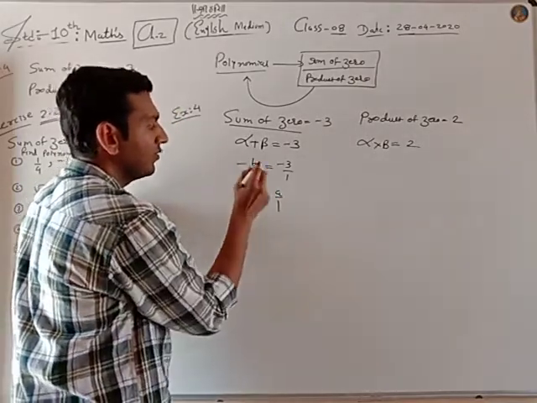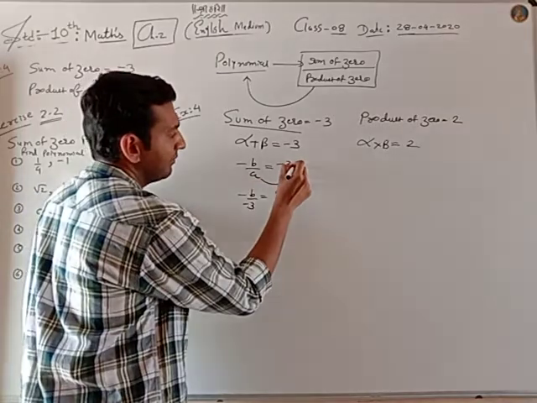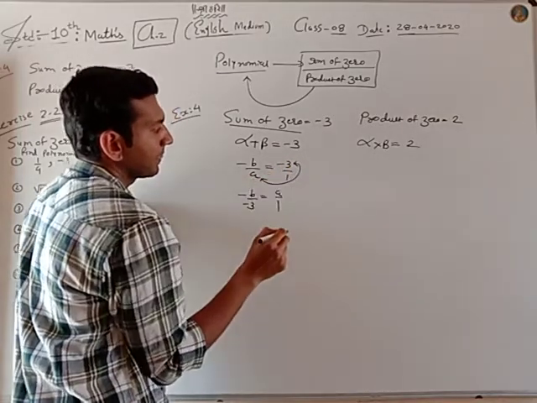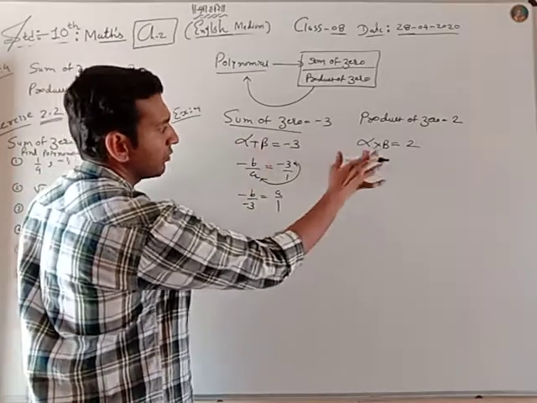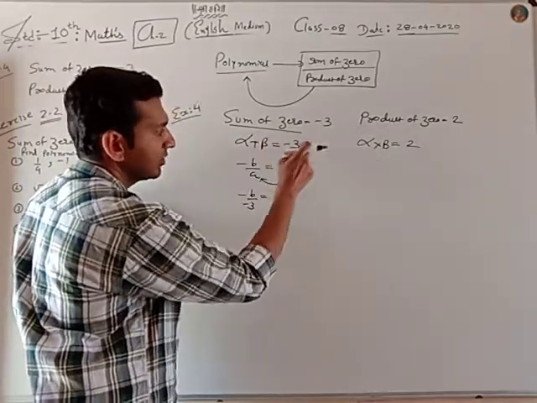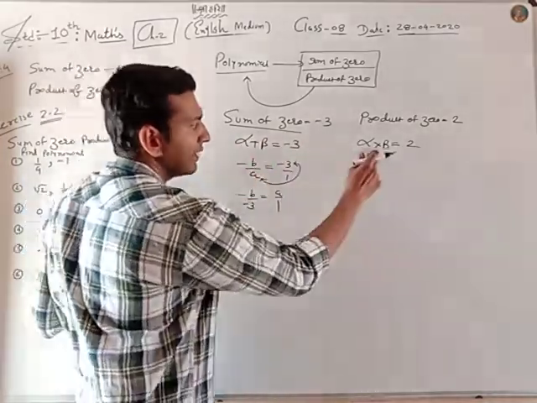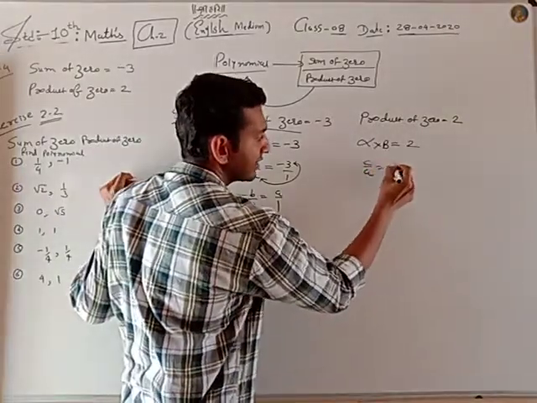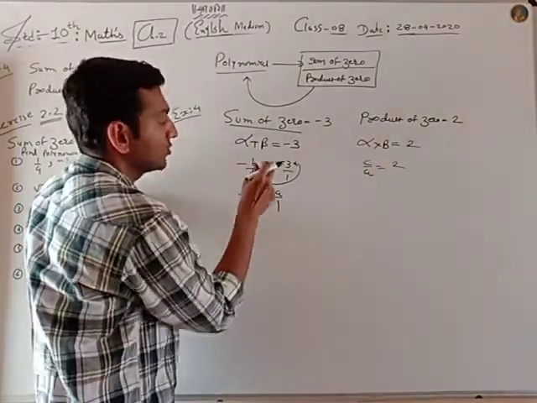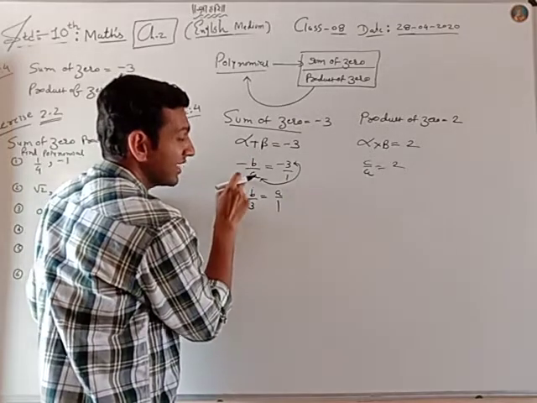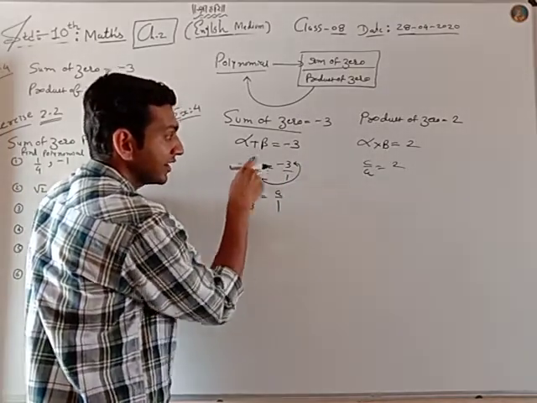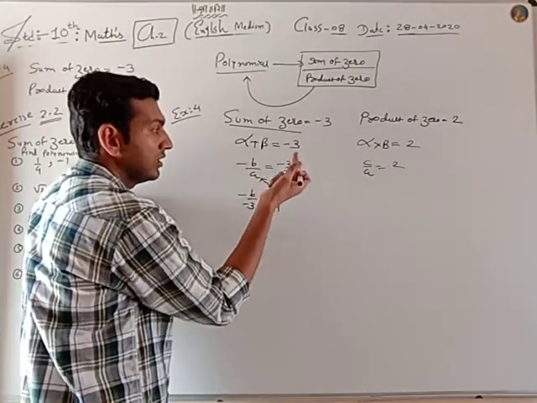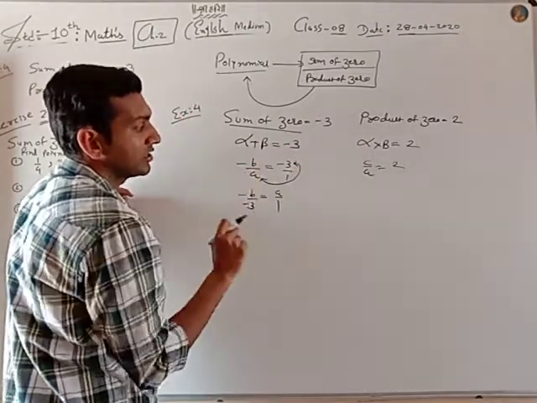Always remember this: the sum of zeros is minus b by a and the product of zeros is c by a, which is equal to 2. So your first step is to change the denominator of the first fraction and the numerator of the second fraction, that is, change the positions.